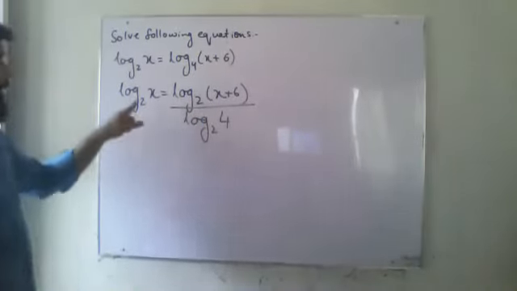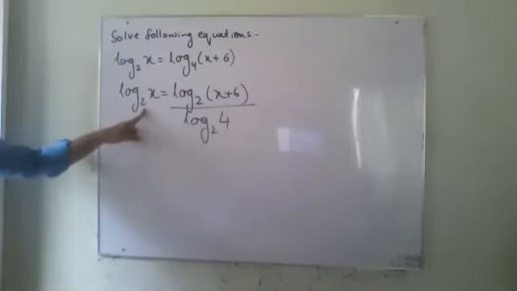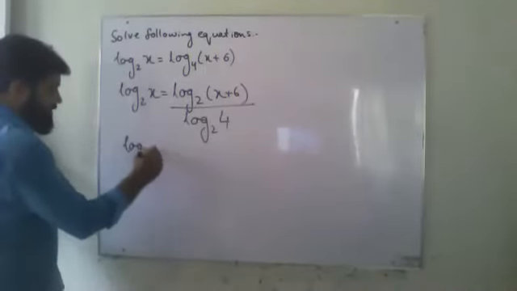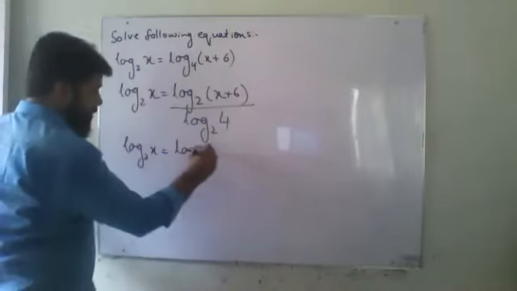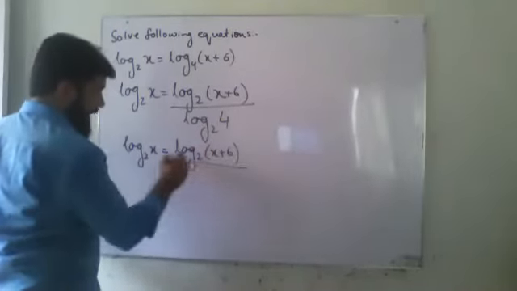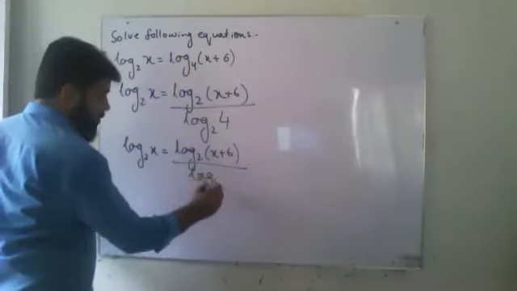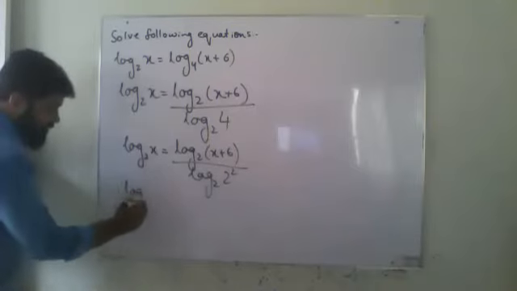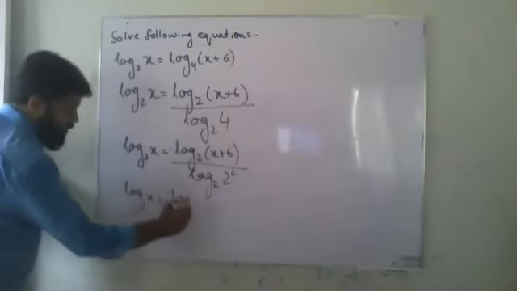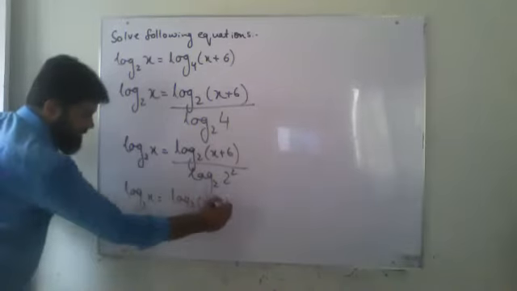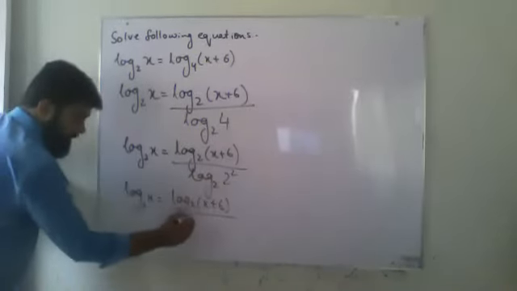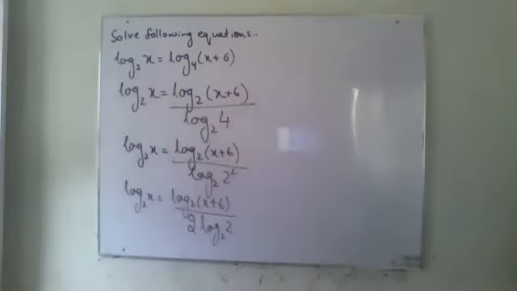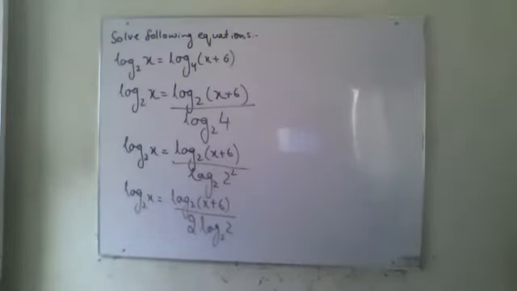After this, log 2 of x equals log 2 of (x plus 6), and this becomes log 2 squared. This 2, which is written as a power, will be written before the log: log base 2 of 2.